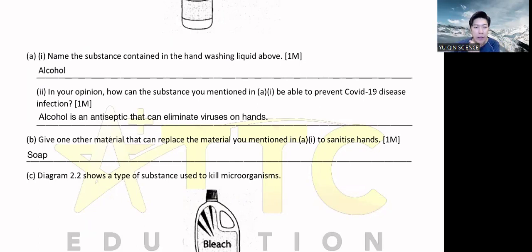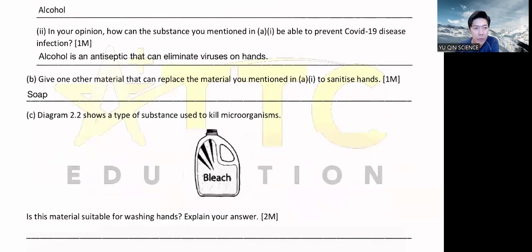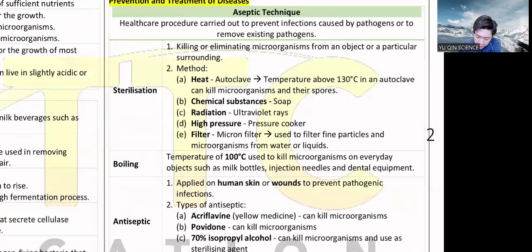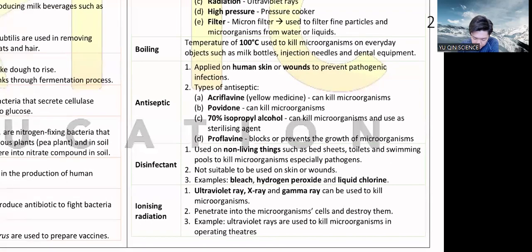Okay, next one. Diagram 2.2 shows the types of substances used to kill microorganisms. It says bleach here. Bleach is under disinfectant.